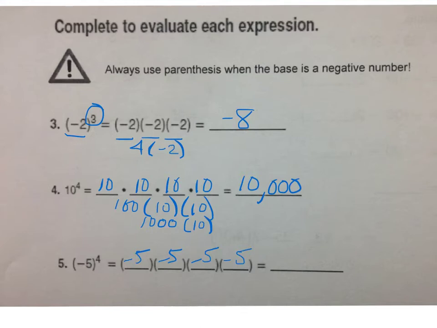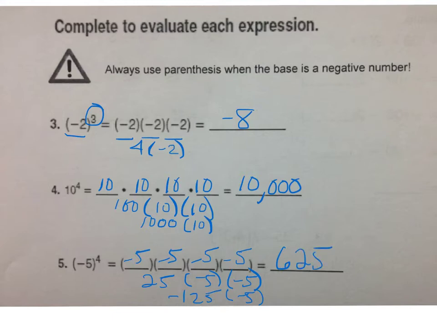Okay, so negative 5 times negative 5 is positive 25. Positive 25 times negative 5 is a negative 125. And negative 125 times negative 5 is positive 625.